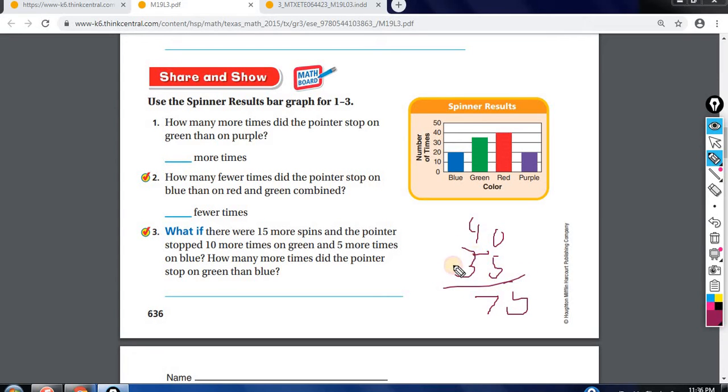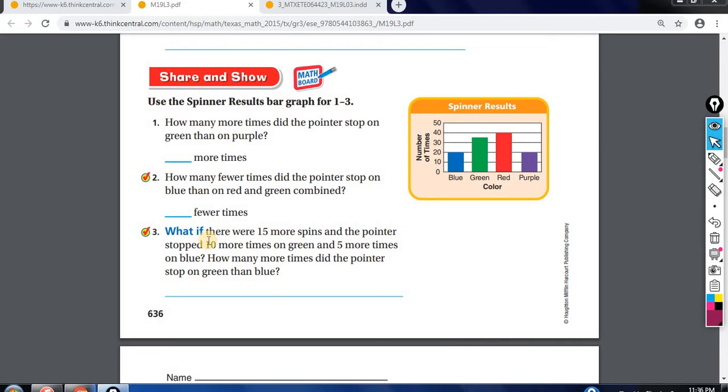That's a 3. Okay. And blue is what? 20. Subtract 20. And my answer is 55. This would be 55 here. And again, you have to add first the red and the green, and then subtract the blue.